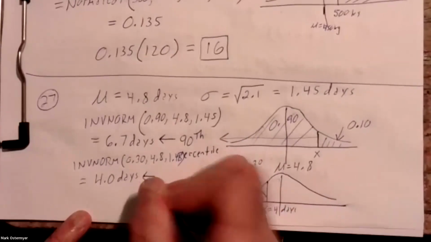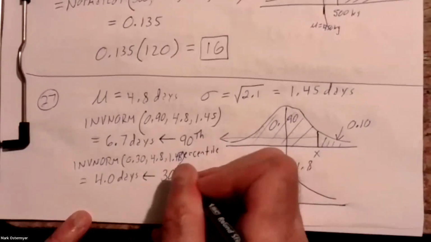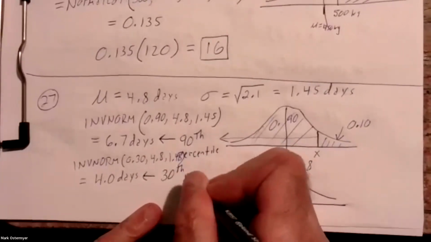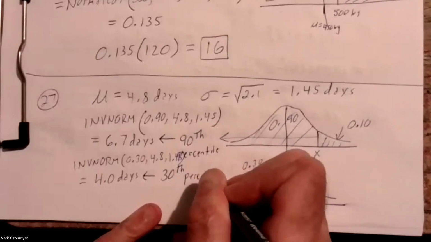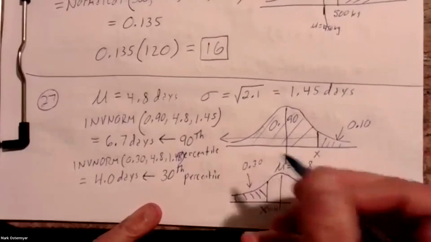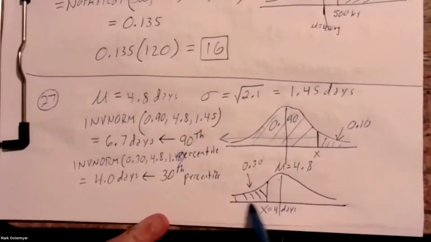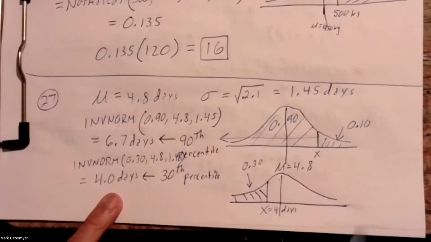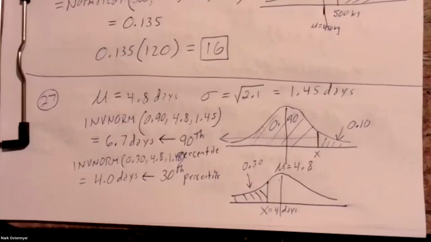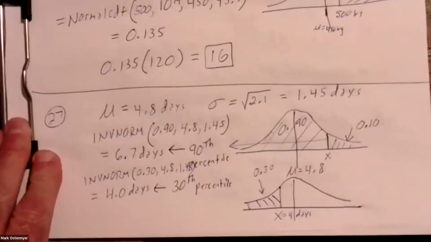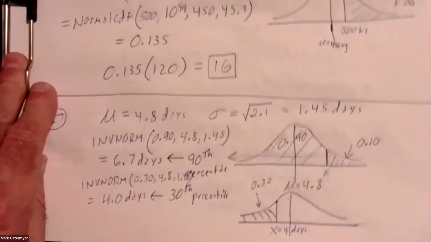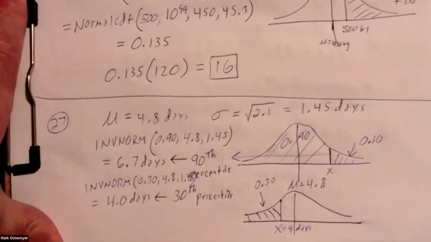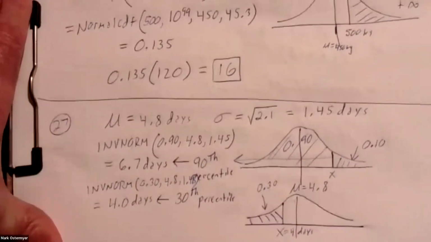So 4 days is called the 30th percentile of all hospital stays after diagnosis, in the sense that 30% of the stays are less than 4 days, and 70% of the stays are greater than 4 days. All right, those are the problems that I wanted to do, and hopefully now you know how to better apply the normal distribution to application problems to either find probabilities or to compute actual values on the x-axis.